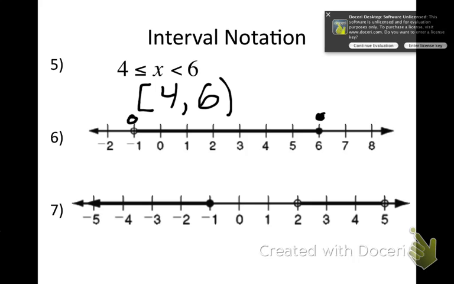What's open circle mean? I'm not including it. So that means I'm going to start with a parentheses, -1 to 6. 6 is a closed, filled-in circle. John, that means I'm going to have a bracket there. -1 to 6. Interval notation.